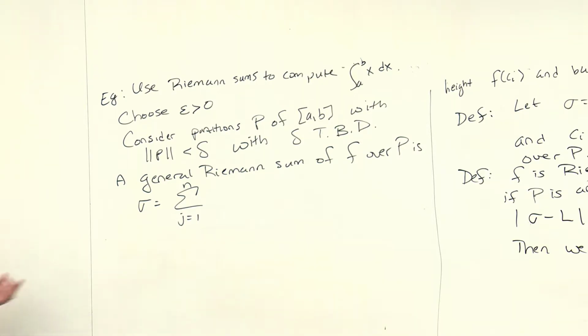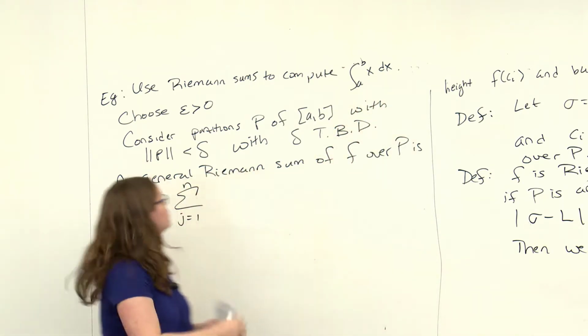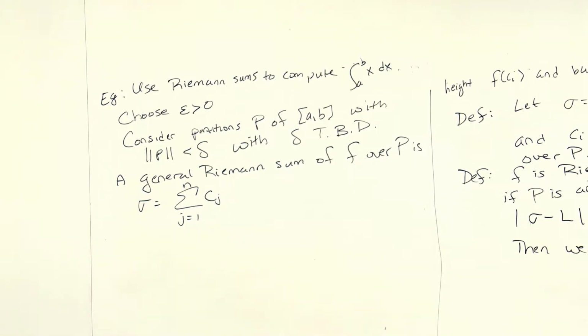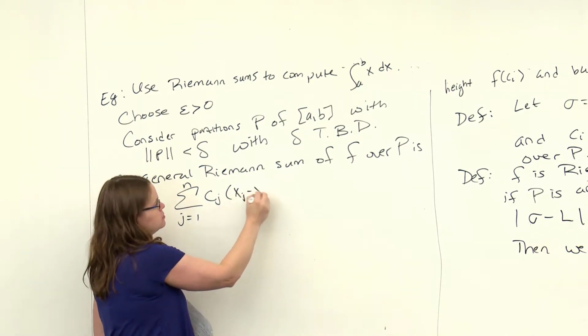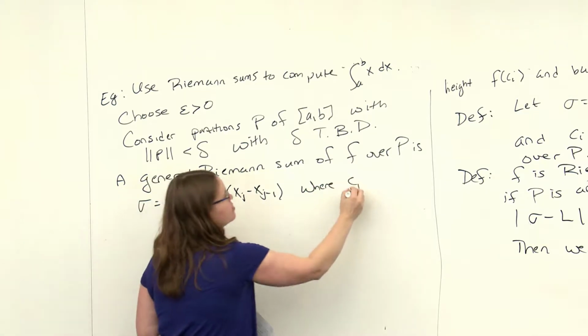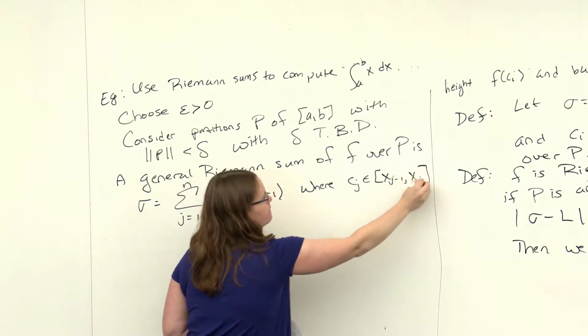So we put f of c_j. Here f is equal to x, so this is just c_j, times x_j minus x_{j-1}. And again, these c's live in the little subinterval.